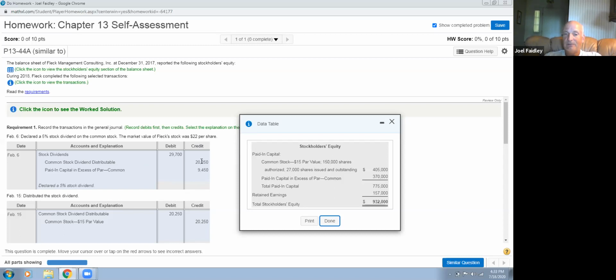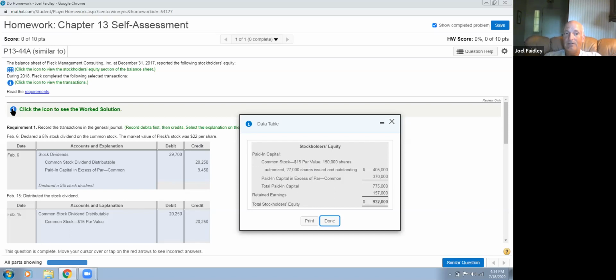Common stock dividend distributable is based on par. So $15 times that 27,000 shares times 5% is 20,250. And then the difference goes to paid in capital in excess of par. Then when I actually distribute the stock, I've reduced that common stock dividend distributable to 0 and put it into common stock at par.